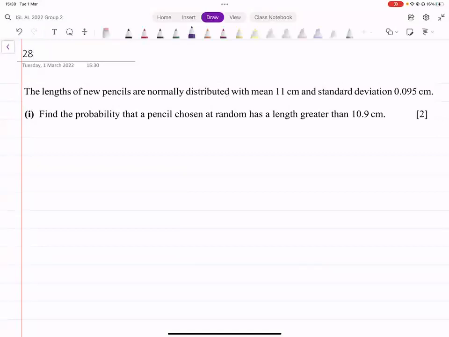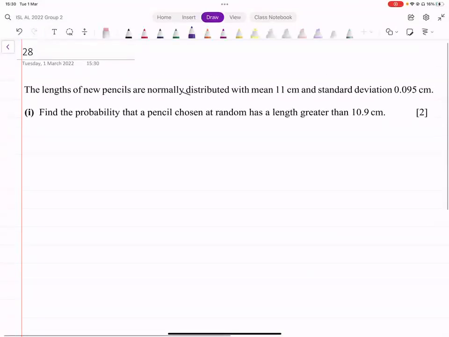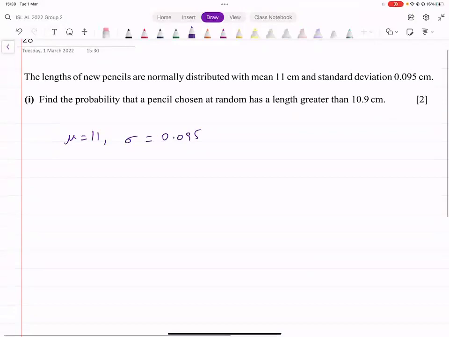Last question, just 2 more questions, should be quick. The lengths of new pencils are normally distributed with mean 11, so mu is 11, and standard deviation 0.095. We need to find the probability that a randomly chosen pencil has a length greater than 10.9. So probability that x is greater than 10.9, where x is the length of new pencil, जिसको हम x से represent कर रहे हैं। ठीक है, ये probability find करनी है, इसको standardize कर लें पहले.